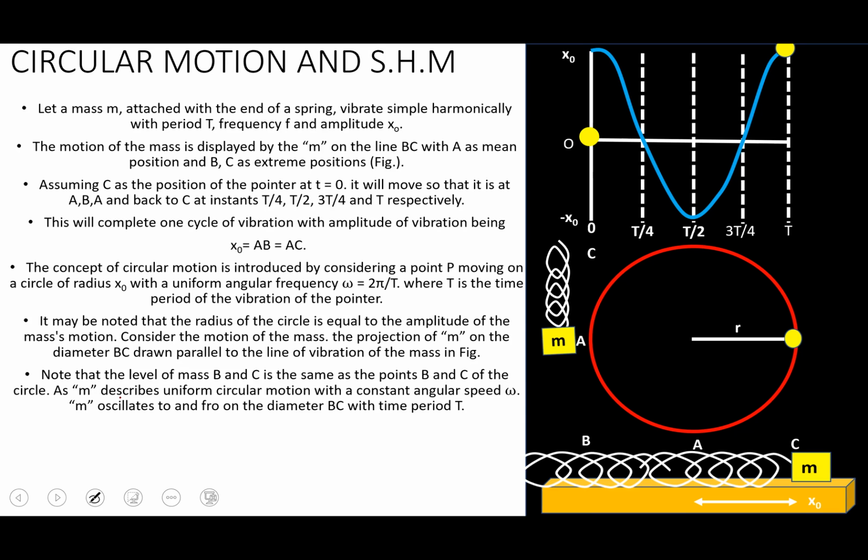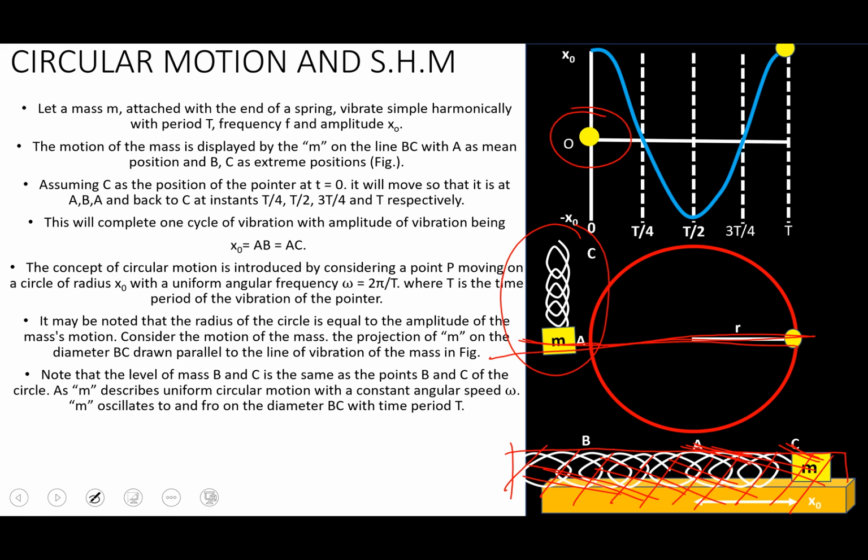Now, if we forget about this horizontal part, and now we are going to talk about the vertical part. We forget point A and point C in this case, and we are only focusing on the vertical part. Now, in this case, the body is at point A, which is at the mean position, the same as that of the circle point.